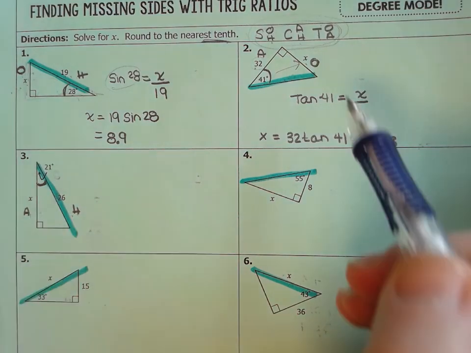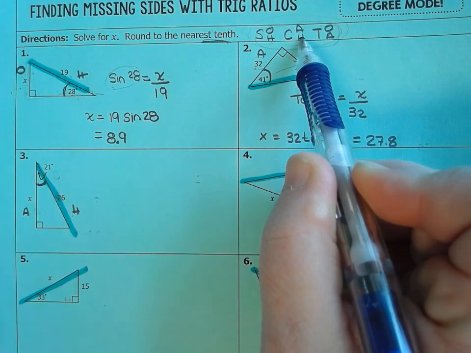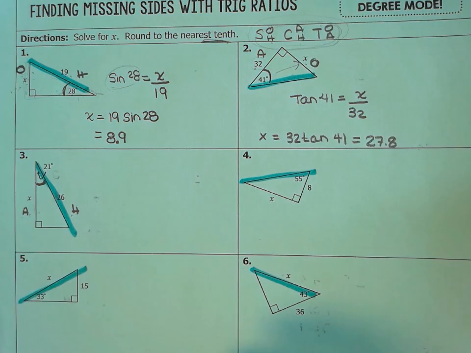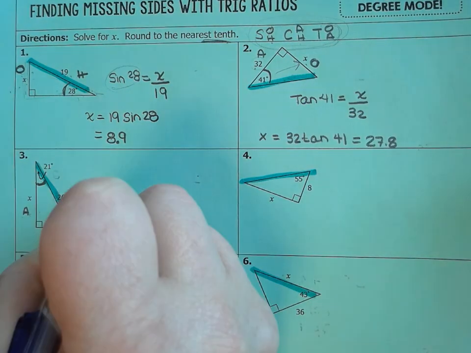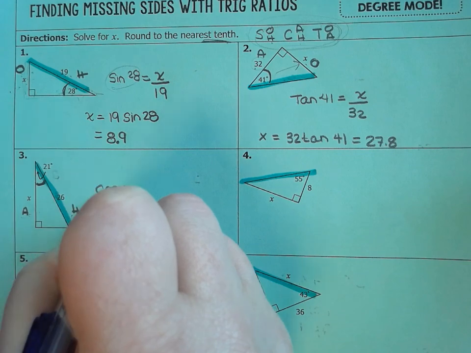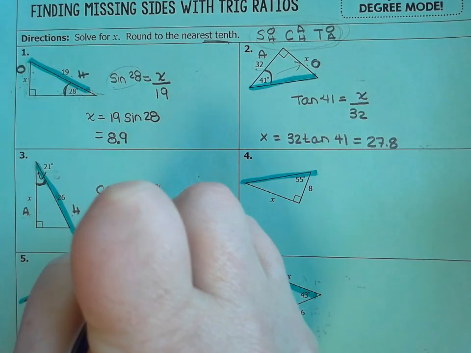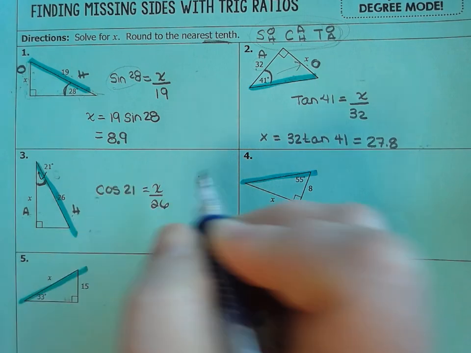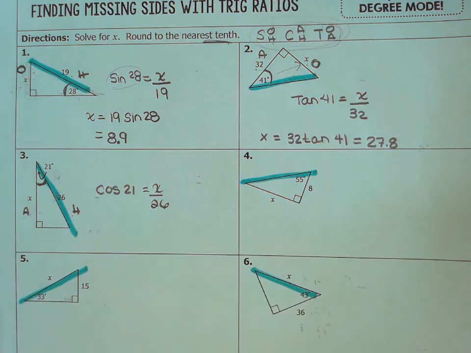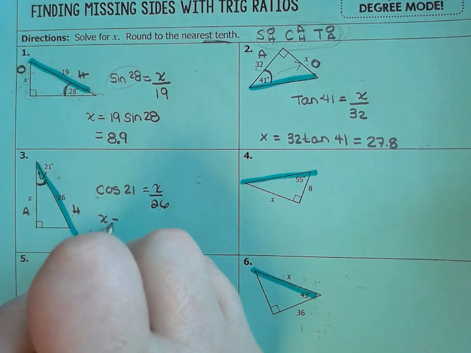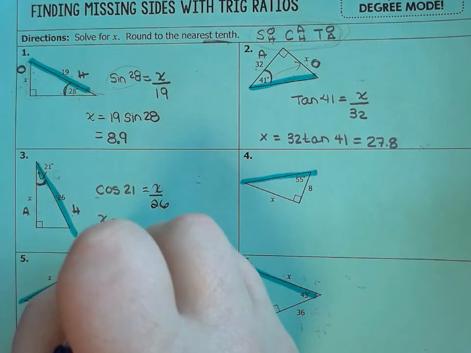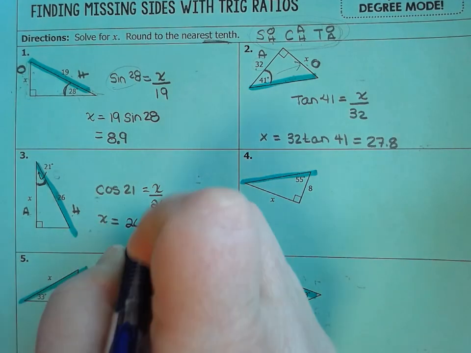That would be cosine. So the cosine of 21 degrees is equal to x divided by 26. And then to solve for x, x is equal to 26 times the cosine of 21.